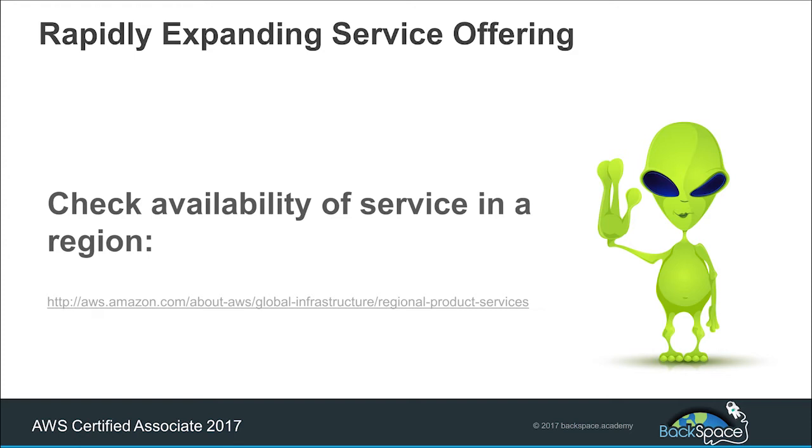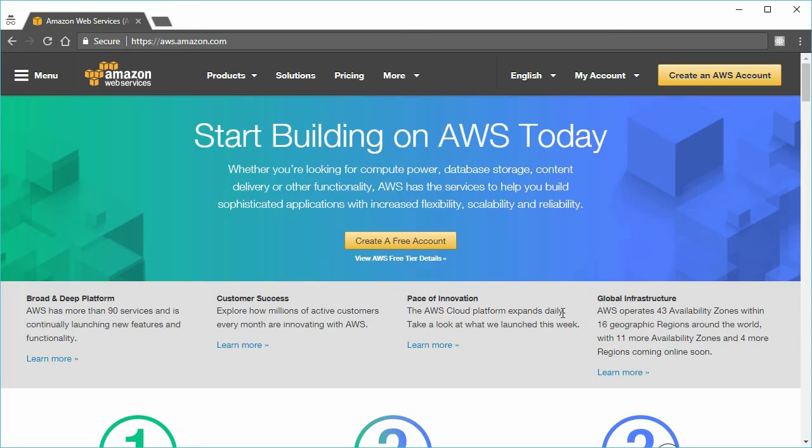If you're using, for example, Mumbai, that's a very new region, and so it's not going to have all of the services available. But if you go to the URL on the screen, you can check the availability of a service in a region before you start working on your application.